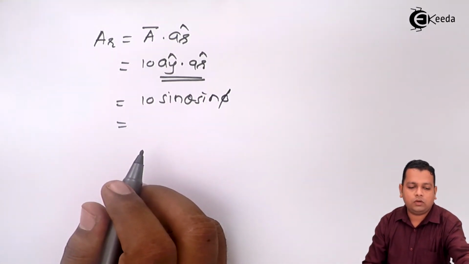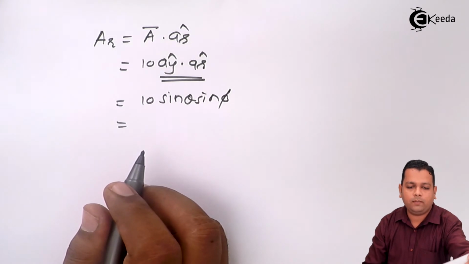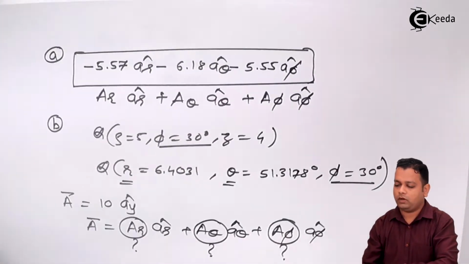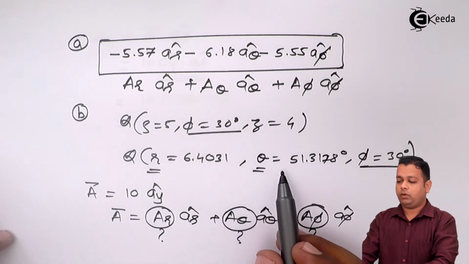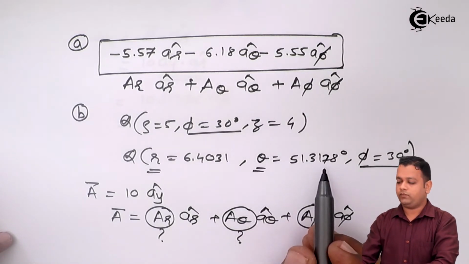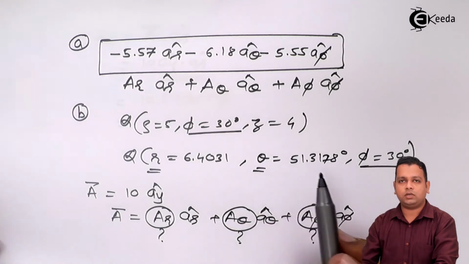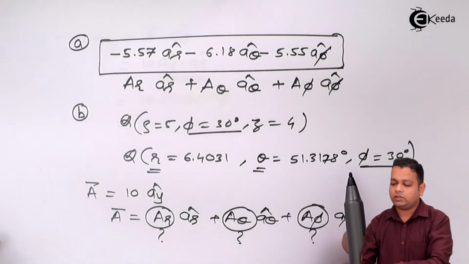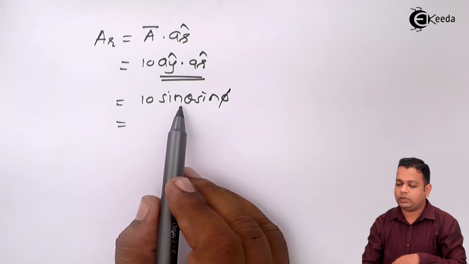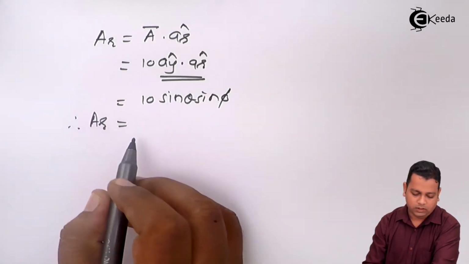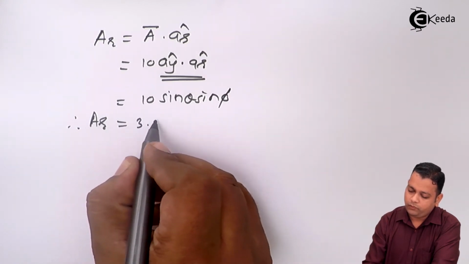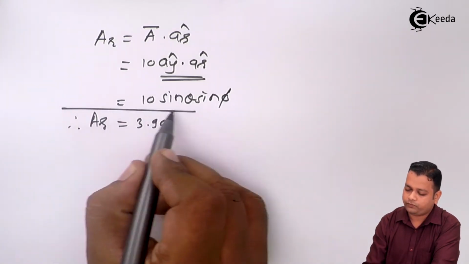We put the values of theta and phi that we have just now calculated. Theta is equal to 51.31 degrees and phi is equal to 30 degrees, that was already there. By substitution of the values of theta and phi, we get AR is equal to 3.90.